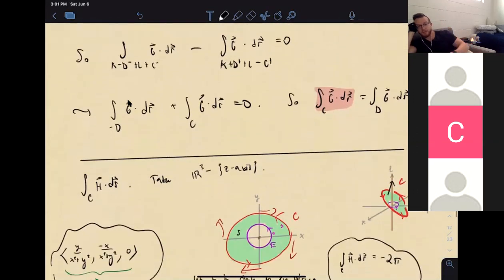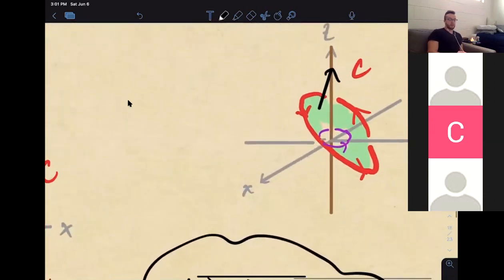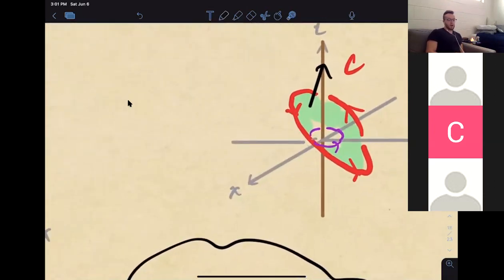For example, in my Stokes Theorem solution, if I had not excluded the y-axis, this surface, this annulus thing that I defined, runs into the y-axis, right?